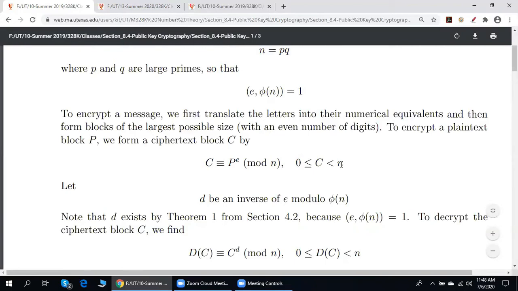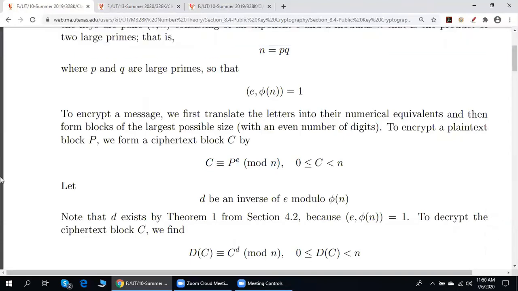So, in order to encrypt, we raise P to the power e, and then consider modulo n. This is C.